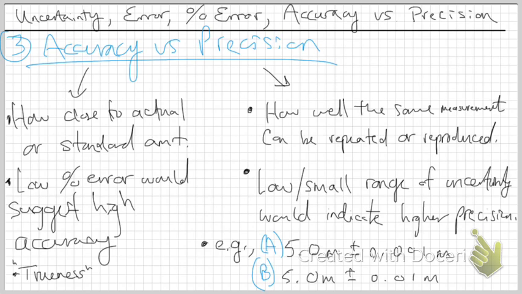So very precise measurements will cluster around the same spot, even though they may not be accurate. Ideally, we are striving for high accuracy and high precision, right? So all of our measurements are clustered around the same spot, which happens to be the bullseye, where they are most accurate.